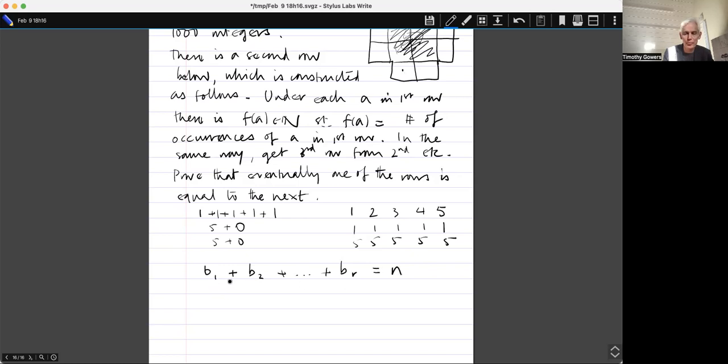What I mean is that I've got n numbers, and of those numbers, I've got B1 A1s, B2 A2s, and up to BR ARs. So I should be able to write down what the next row is going to be if that's the case. And indeed I can.